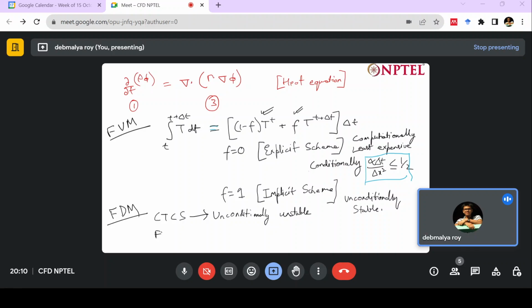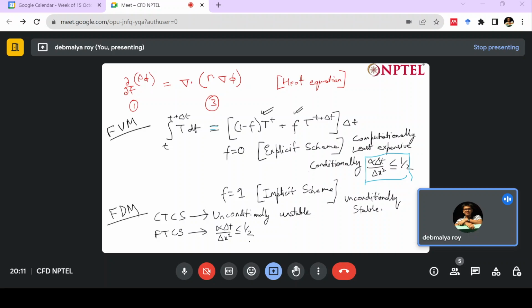What is conditionally stable is FTCS. In space you can use central discretization, but for time you need to have a forward time step. So this is stable only when the Fourier number is less than or equal to half.